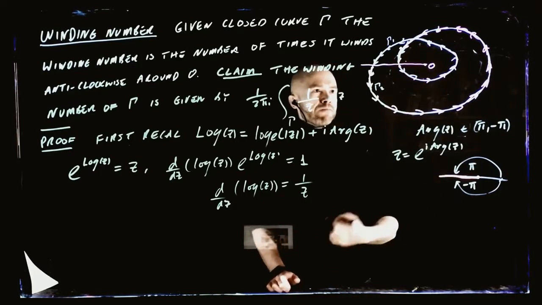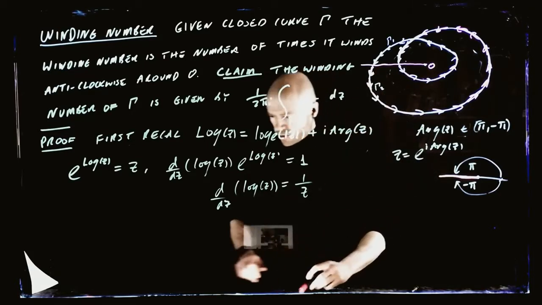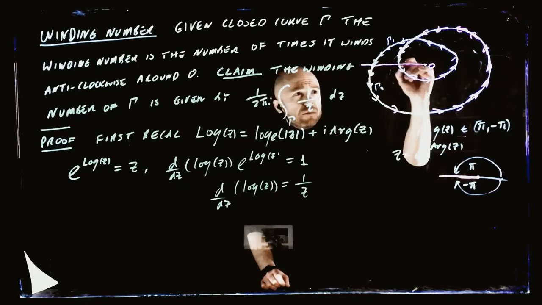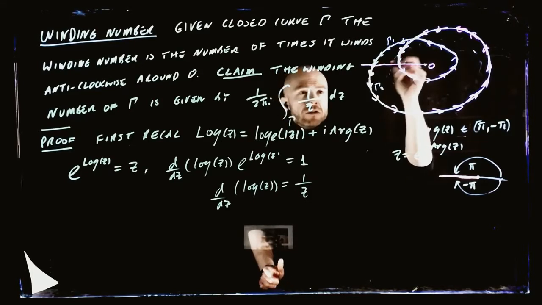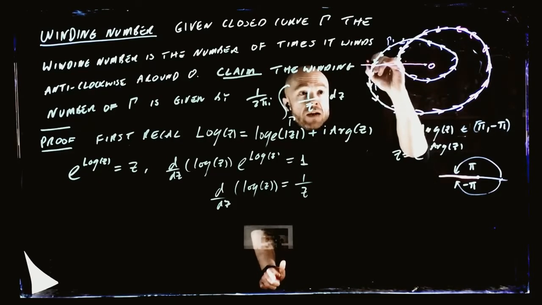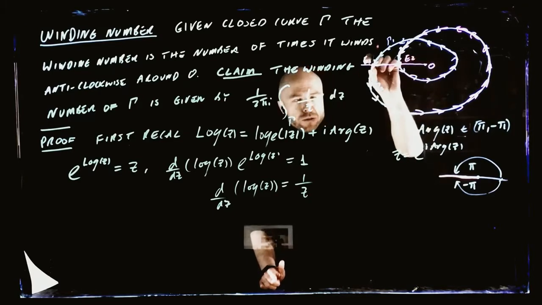So strictly speaking, gamma is not decomposed into gamma 1 and gamma 2. There are also these little bits here that I'm just not going to talk about. There's a little bit here and a little bit here. I'm going to consider those as errors, E1 and E2. And they're as small as you like.